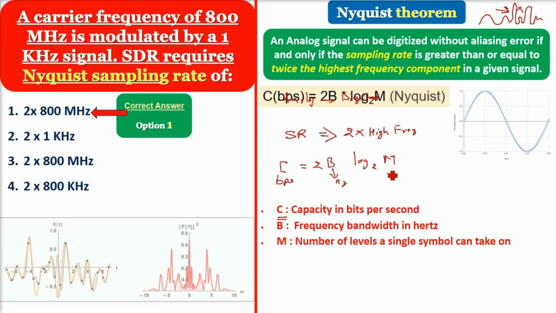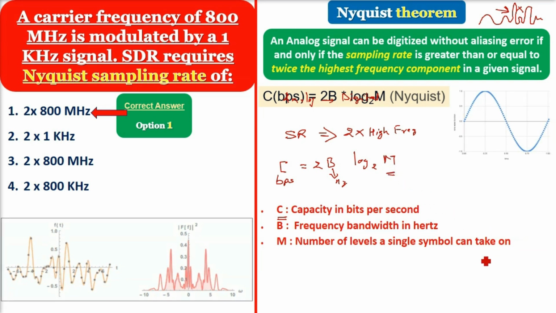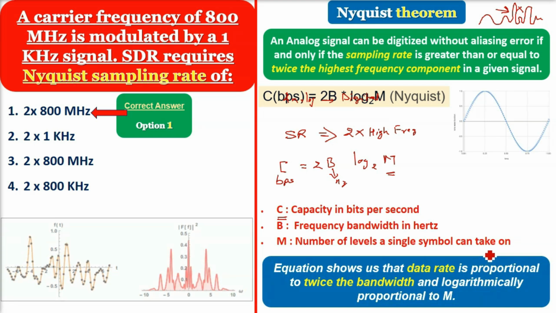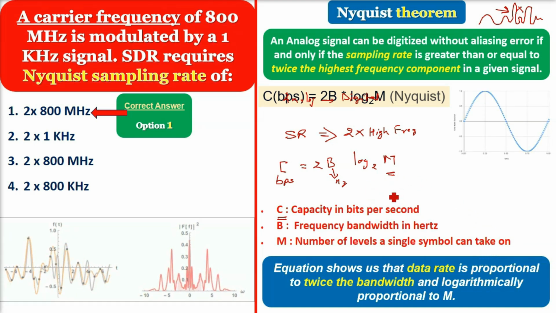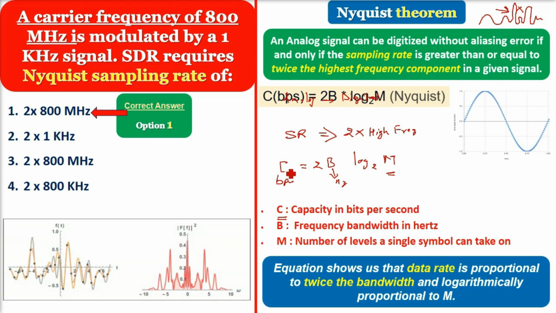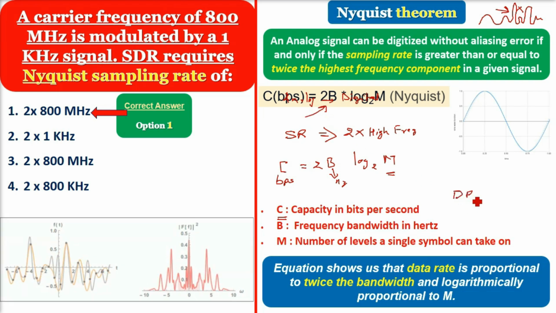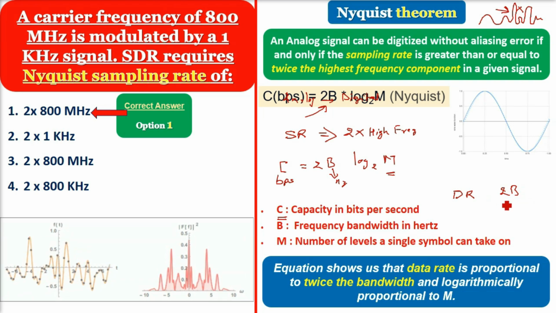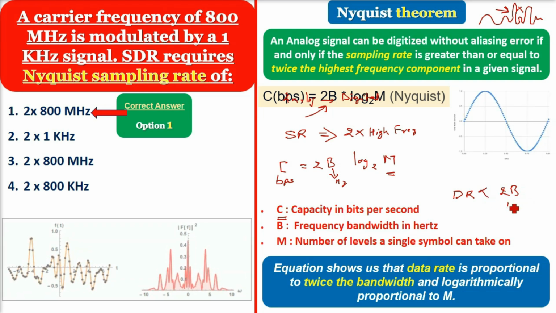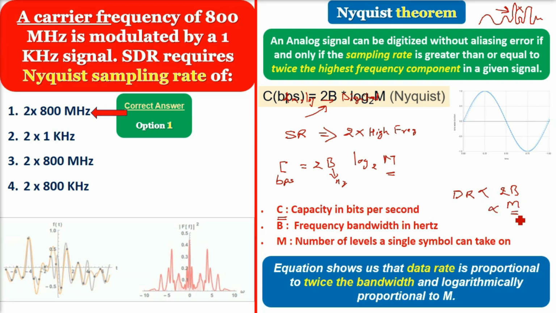This idealized capacity equation shows us that the data rate is proportional to twice the bandwidth and logarithmically proportional to M. So this data rate, which is 2 times bandwidth, and the sample rate are related like this. This is what the Nyquist theorem is talking about.